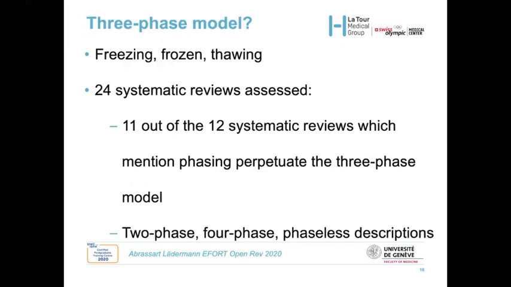And what about the phases? Usually it's said that there are freezing, frozen, and thawing phases. In the 24 systematic reviews assessed, 11 out of the 12 mention and perpetuate this 3-phase model. However, other systematic reviews were talking about 2-phase, 4-phase, phaseless description.